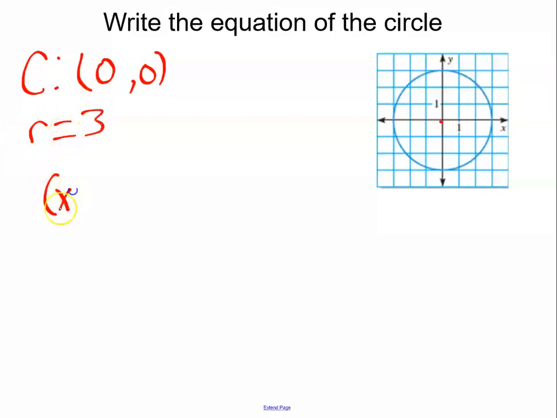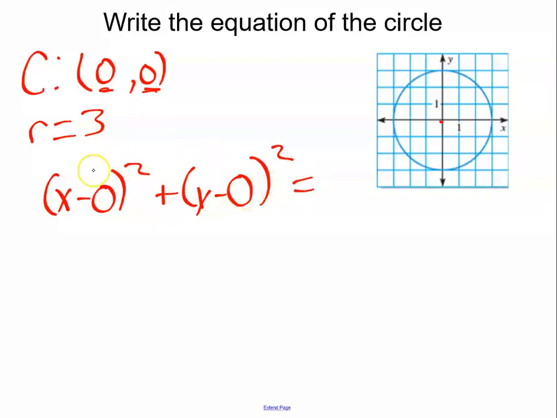It's x minus the x coordinate of your center, so 0, squared, plus y minus the y coordinate of your center, which is 0, and that's equal to the radius squared, which is 3 squared. Then we just have to simplify this down a little bit.